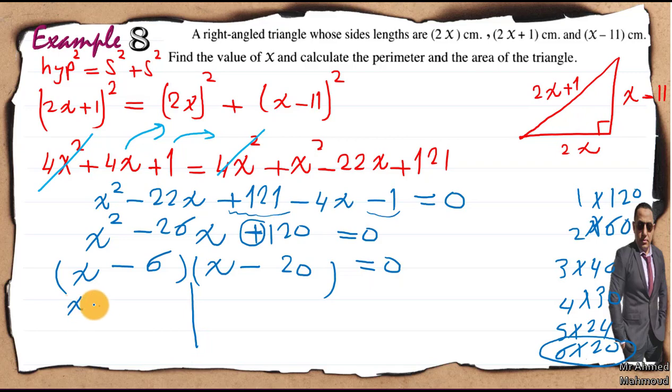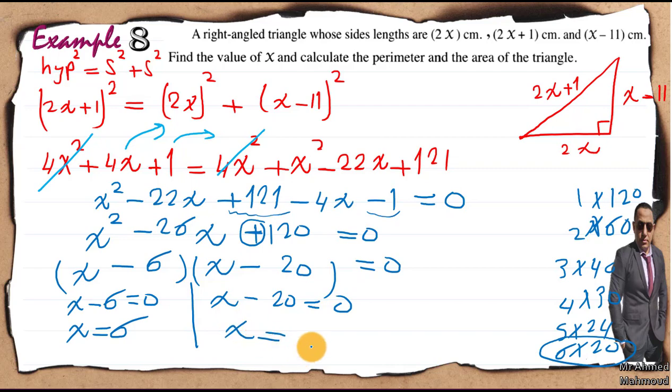So x minus 6 equals 0 and x minus 20 equals 0. I'm going to send 6 to the right side, so x equals 6, and I'm going to send 20 to the right side, so x equals 20. By looking carefully at the two numbers 6 and 20, I have a side equal to x minus 11.